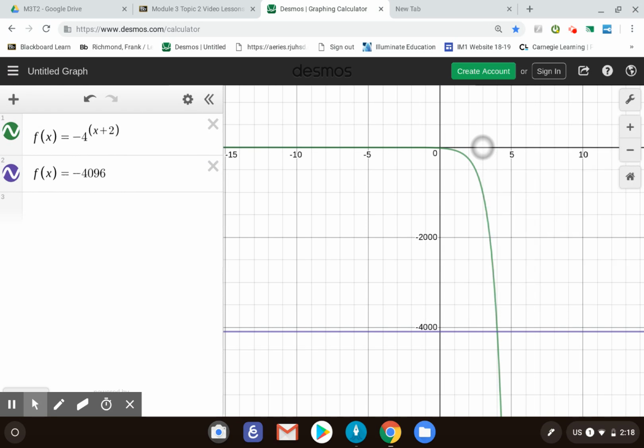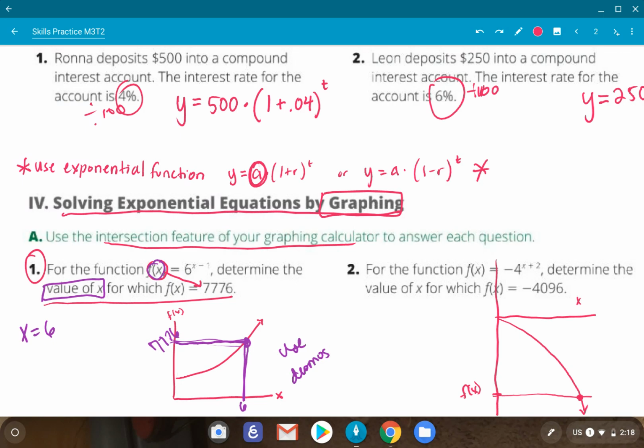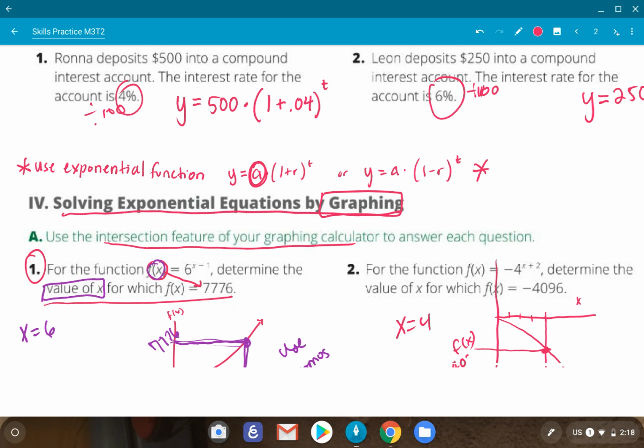When x equals 4, it's going to hit the graph at -4,096. So 1, 2, 3, 4, you go down, and this is where f of x equals -4,096. And that was at 4.